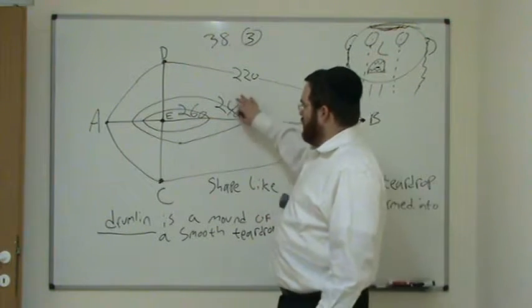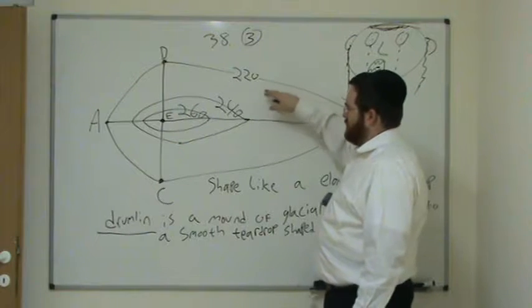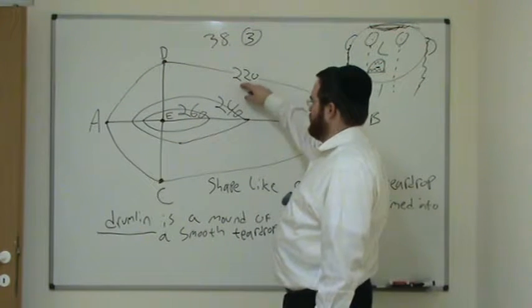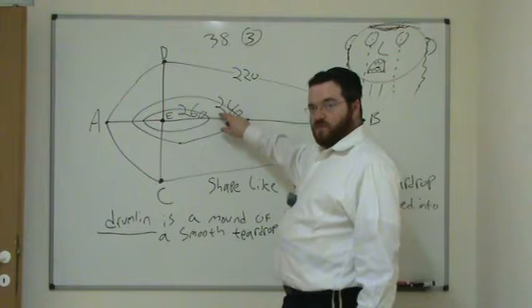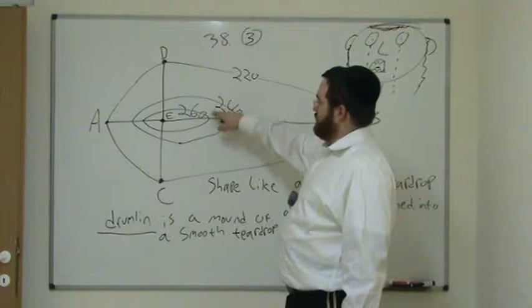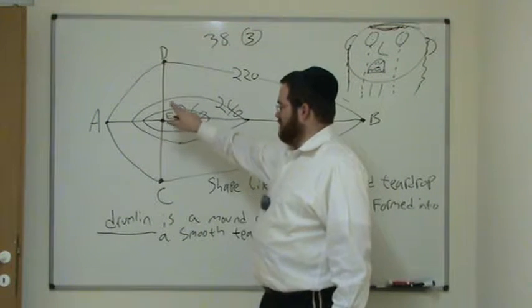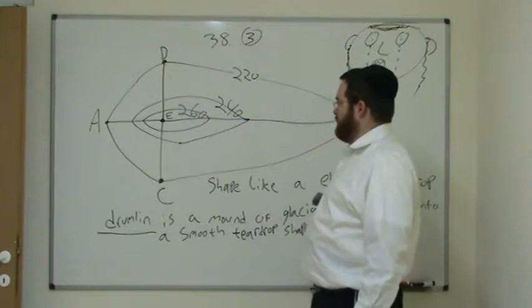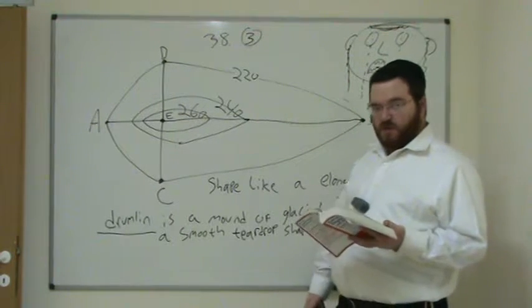shows you a hill, and it shows you different parts of the hill. This is 220 feet high, closer to the middle of the hill is 240 feet high, and then the middle of the hill is 260 feet high, in this circle.